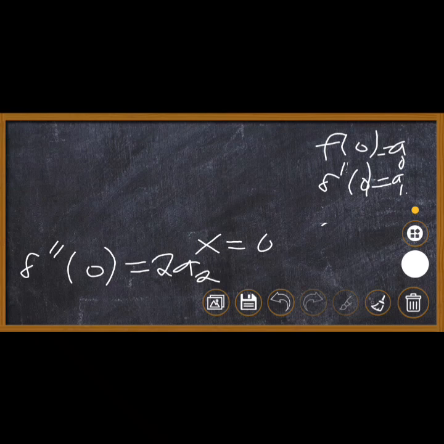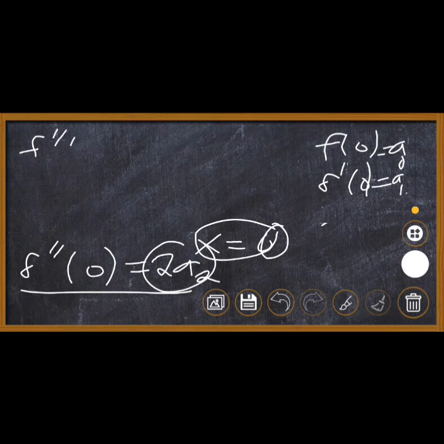Let me cancel this, it was supposed to be the first derivative. So the second derivative, when we replace x with 0, we are just going to have 2a2. So if you can see the pattern, we had a1, a0. Let's make a2 the subject here.